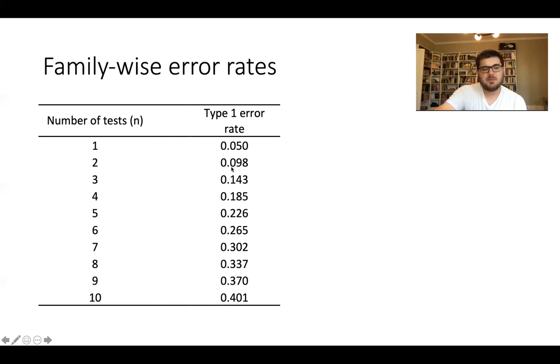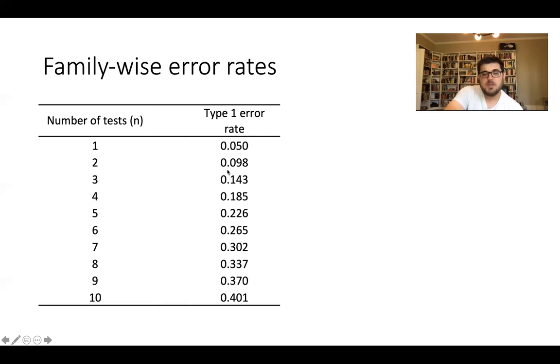And you can think of a family as like, they all have to live in one household. Each family member is a statistical test. If you only have one person in the household, only one statistical test is going to be run on that household, on that data set. Then there's a 5% chance that you're going to make a mistake.